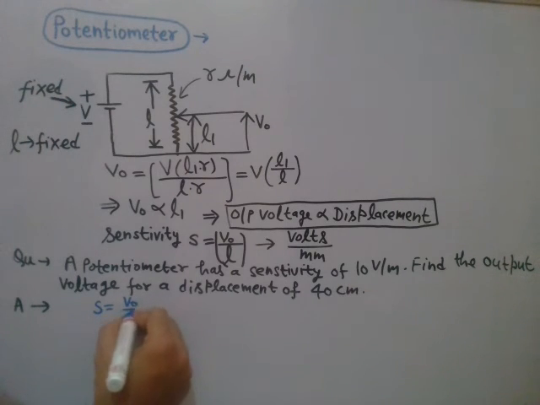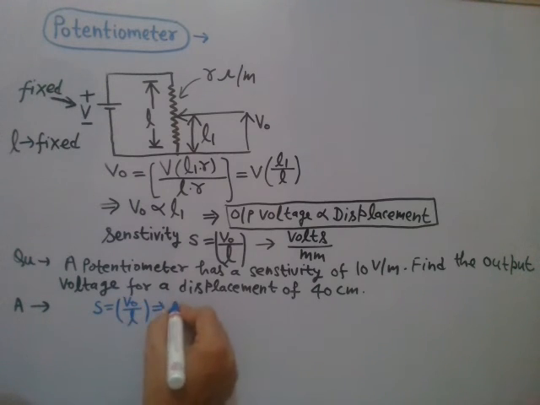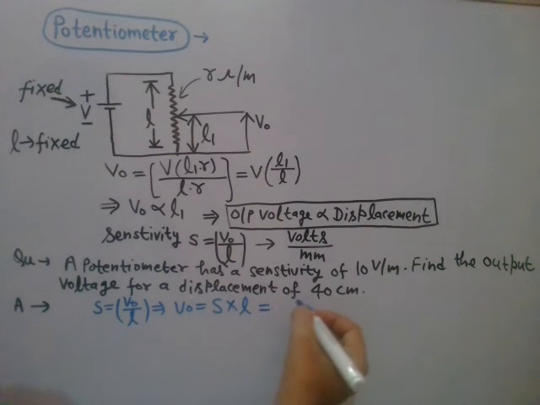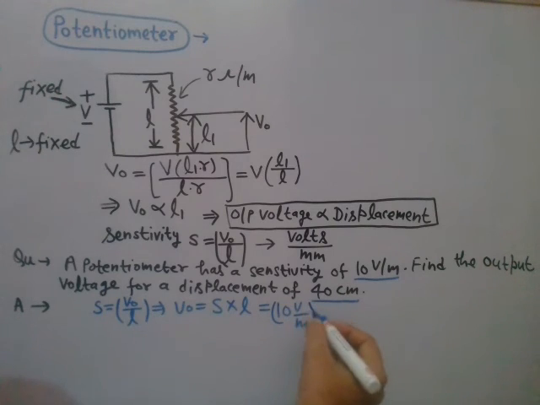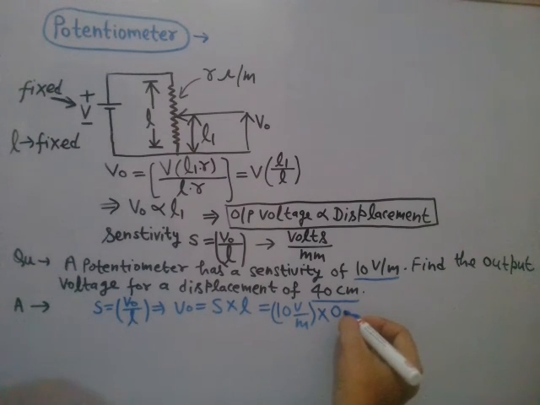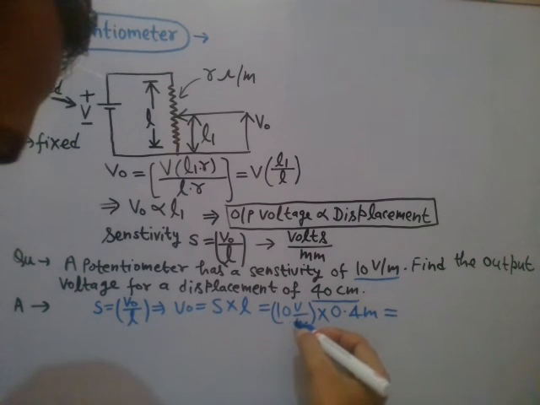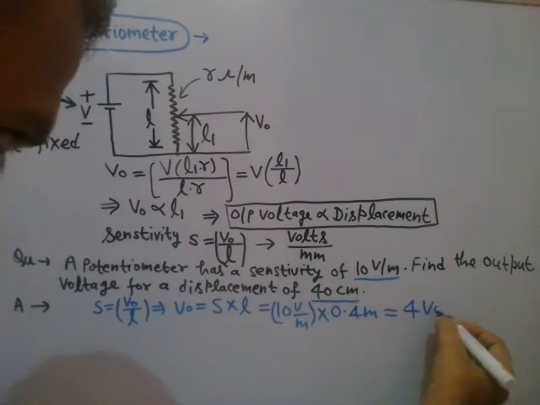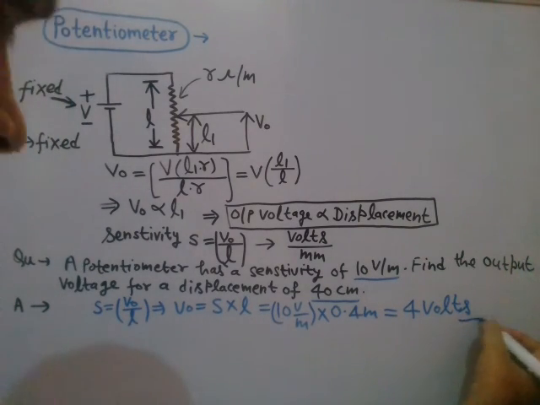So sensitivity is output voltage V0 divided by L, or you can also write V0 is equal to sensitivity into L. The sensitivity is given as 10 volt per meter, and here the length is 40 centimeter. 40 centimeter is nothing but 0.4 meters, so I'm going to write L is 0.4 meters. So the output voltage V0 comes out to be equal to 10 into 0.4, that is 4 volts. So that's the answer.